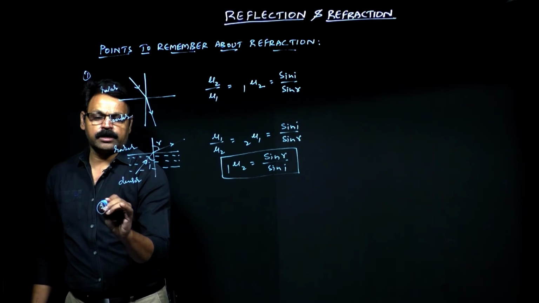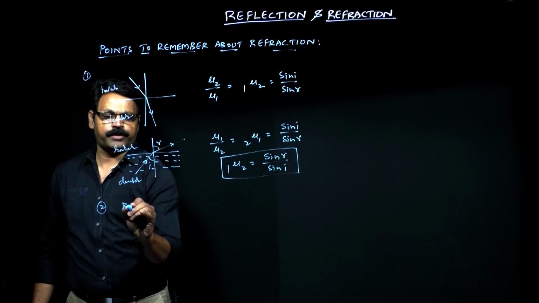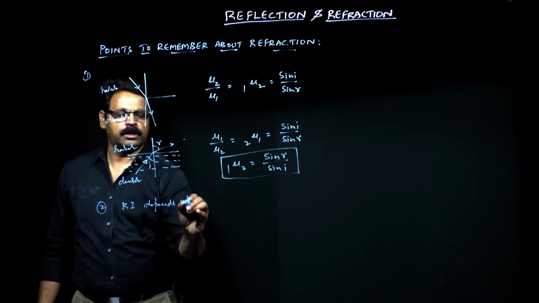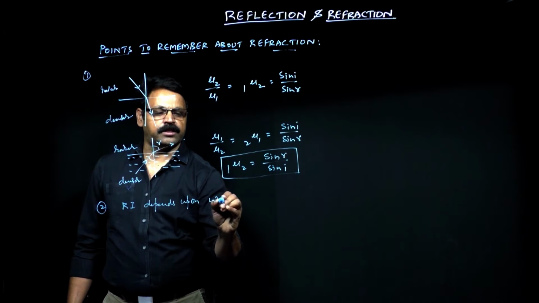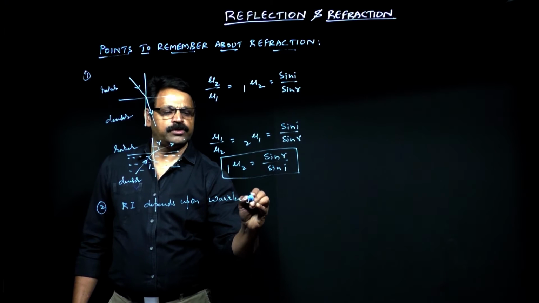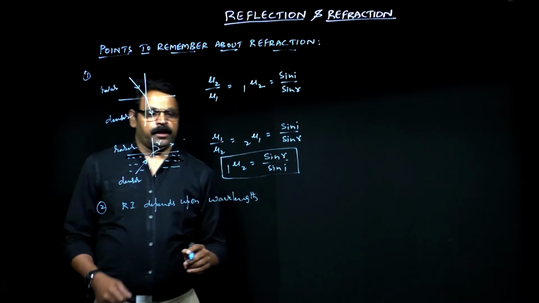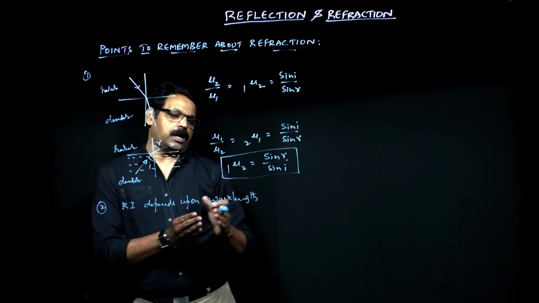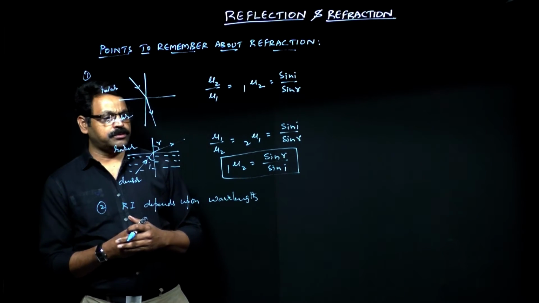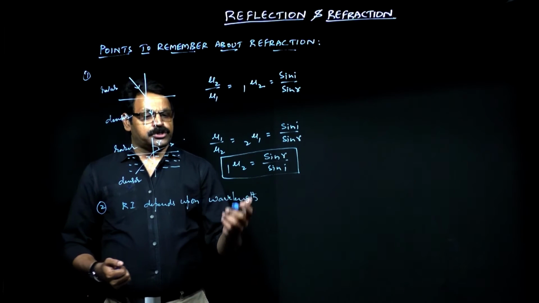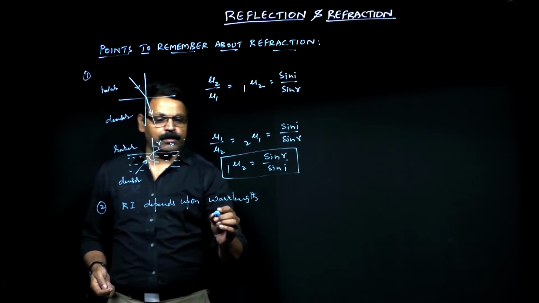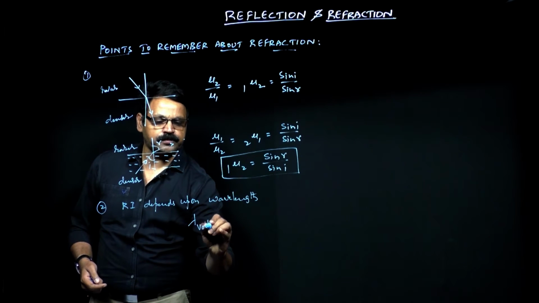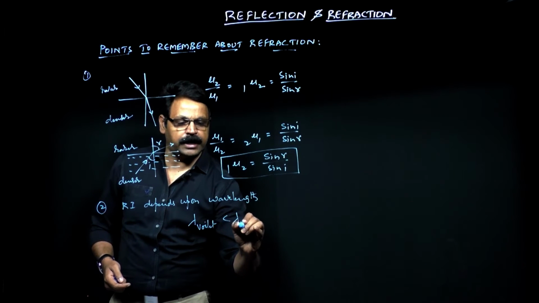The second point is that refractive index depends upon, as I said, the wavelength of the light. White light is composed of 7 colors, as we know, and the range is from violet to red, VIBGYOR we call. Lambda of violet is less than lambda of red.